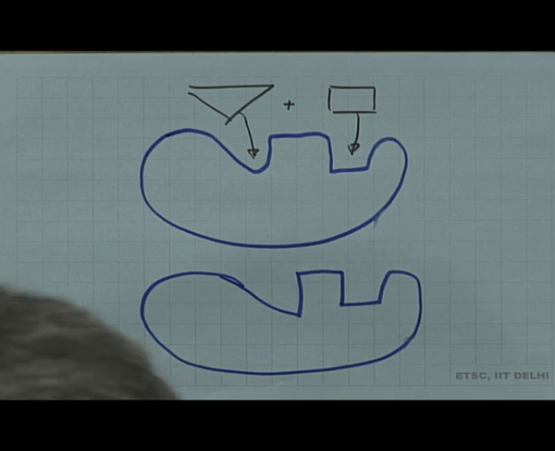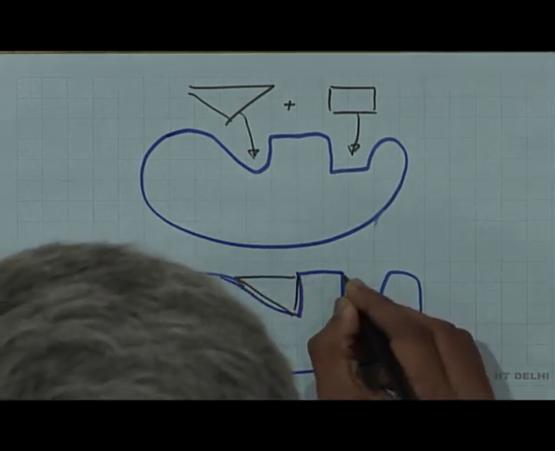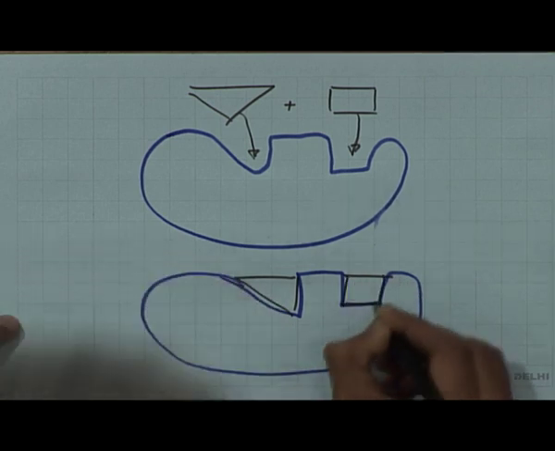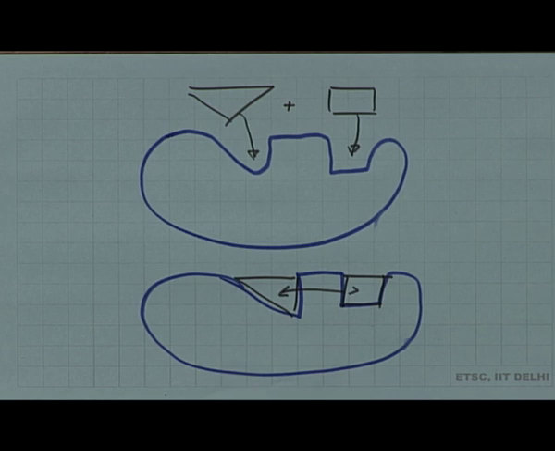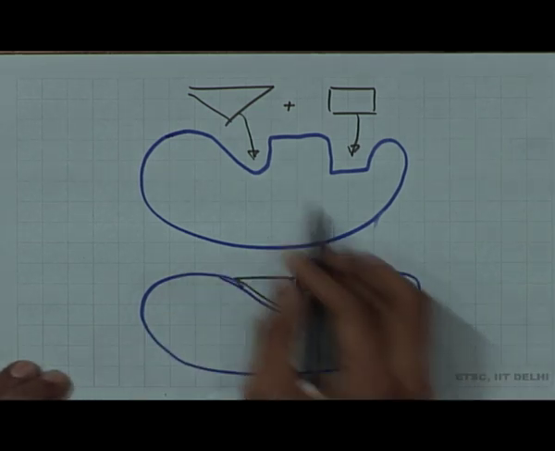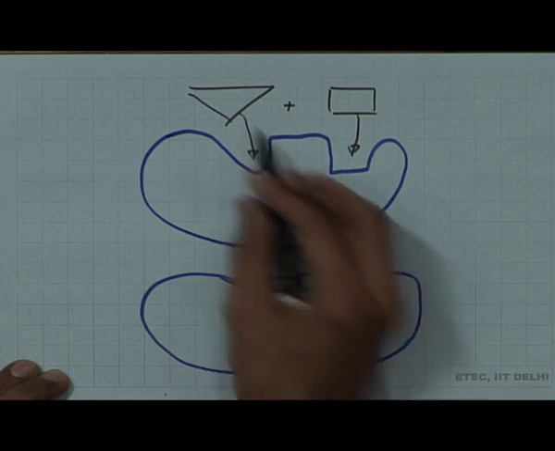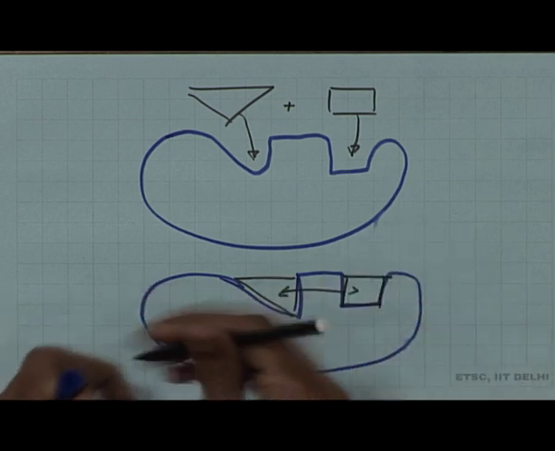So, now it is bound. And once it is bound, I have a reaction between these two species. So, this enzyme, the blue enzyme which has this strange shape, gives the opportunity for these two things to bind.